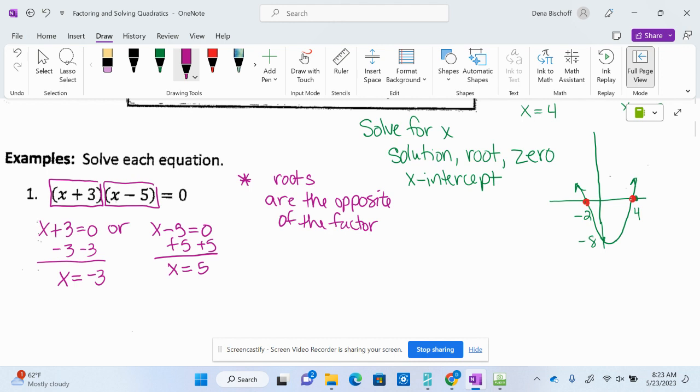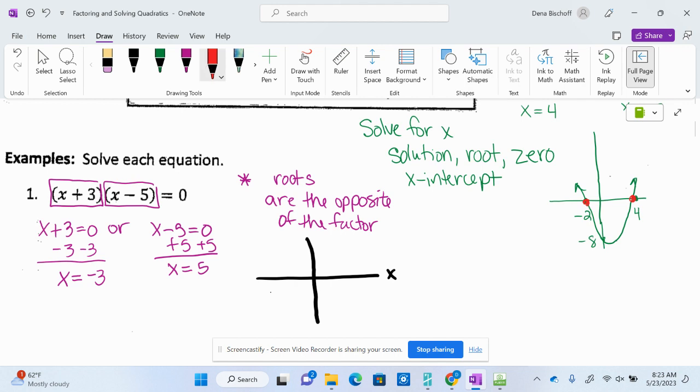So if the factor is x plus 3, the opposite of a positive 3 is negative 3. So x is going to equal negative 3. If the factor is x minus 5, then the root is positive 5. So I'm just going to sketch this graph so you guys kind of are with my brain on the whole factoring thing.